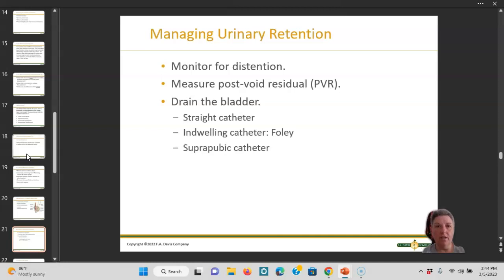Monitor for distension. Measure the post-void residual. What is a post-void residual? Exactly what it says it is. After they've voided, you use the bladder scanner and you scan the bladder for the residual urine left.